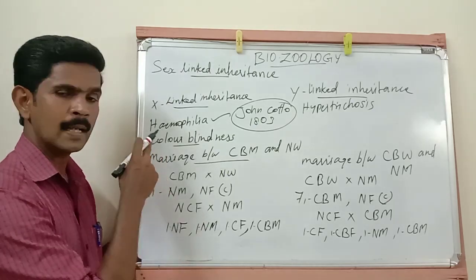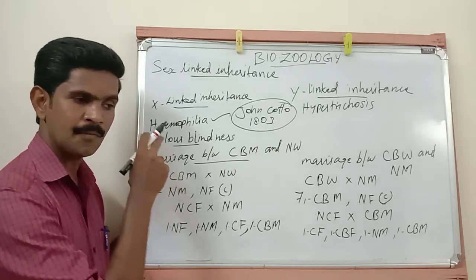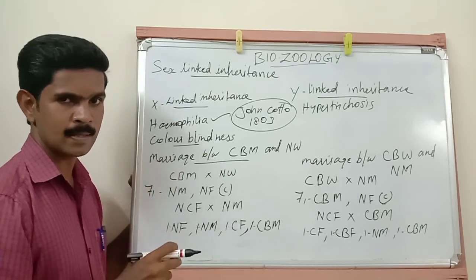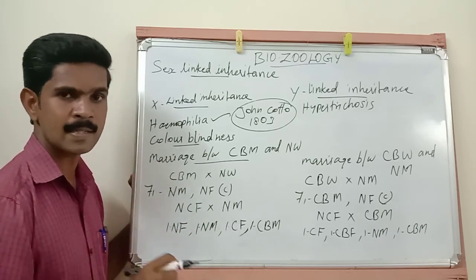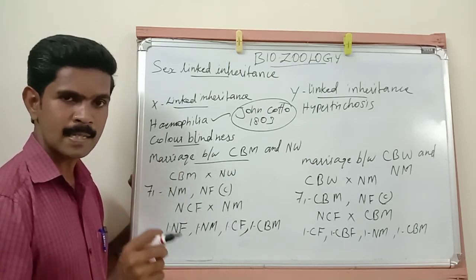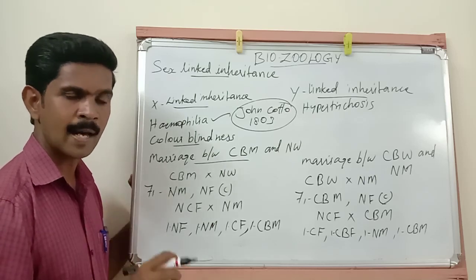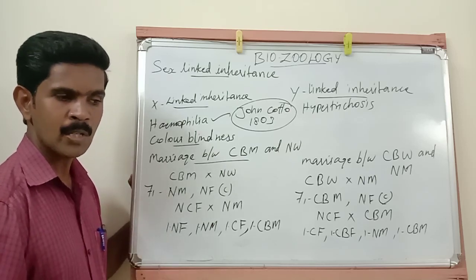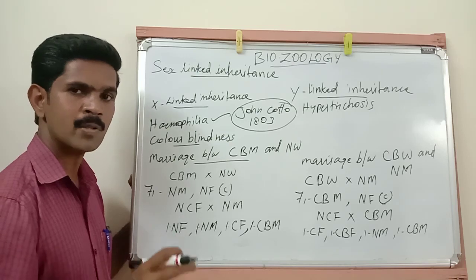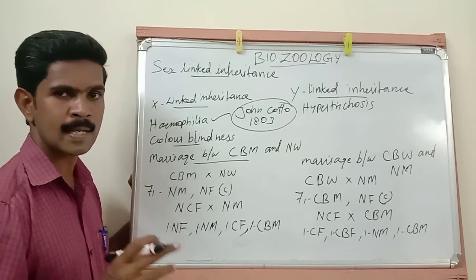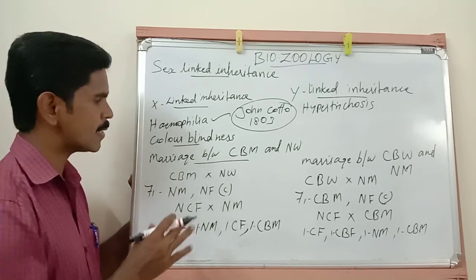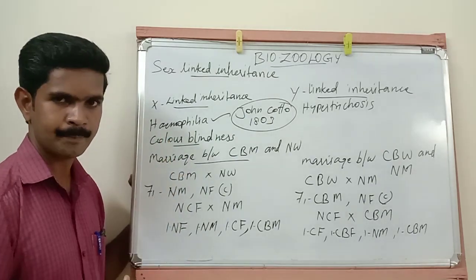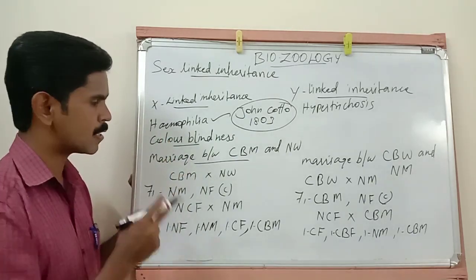And here the genes responsible for the production of the cone cells are in recessive condition. So the recessive genes are unable to produce the cone cells, so that particular person is unable to distinguish some important colors like blue, green and red. So this condition is called color blindness. I hope you all understood this point.